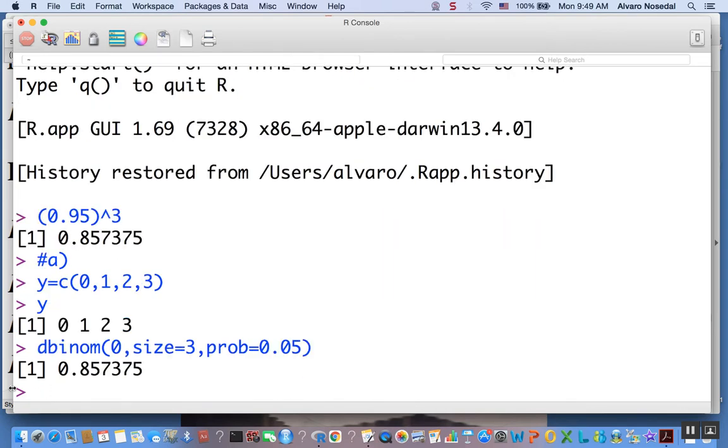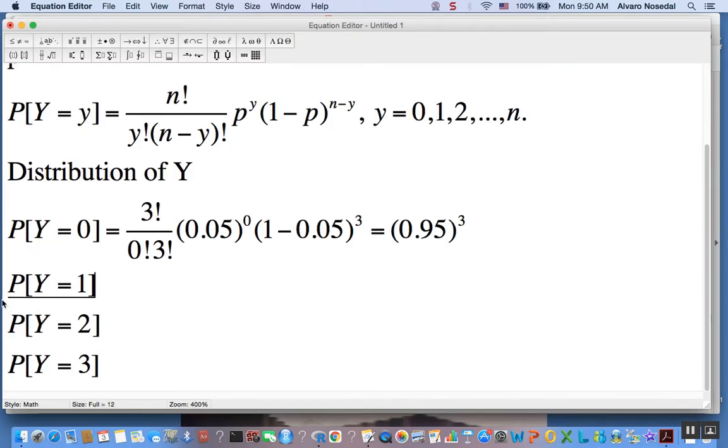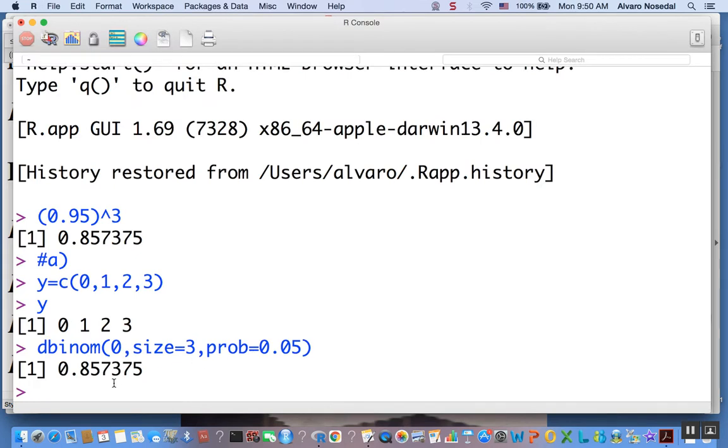So this is the value that we found by hand first, just plugging in the expression. Now it turns out that we could evaluate more than one value. We're going to evaluate all of them at the same time.